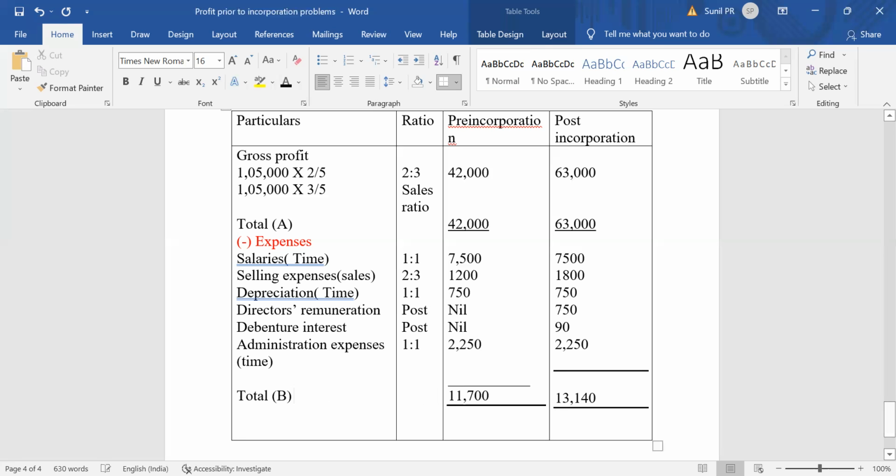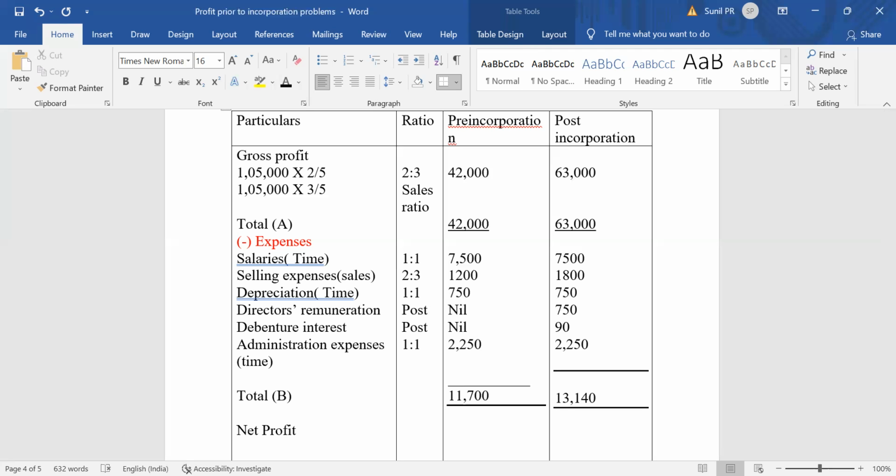By inspection you can say it: if income is more, it's profit. Will you get profit or loss? Profit, sir, because income is more.